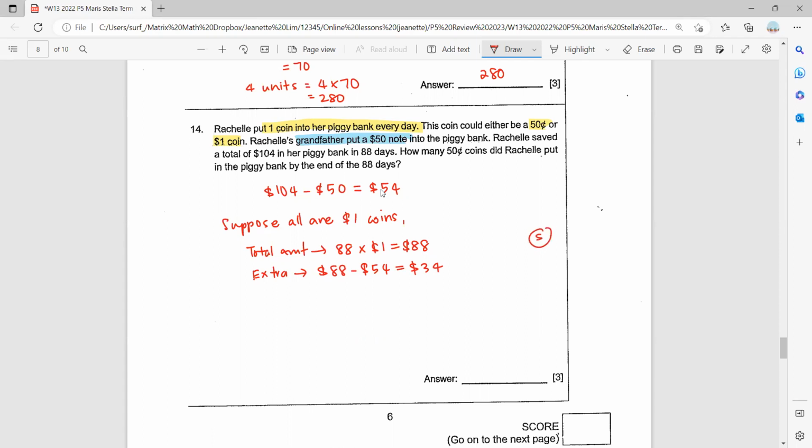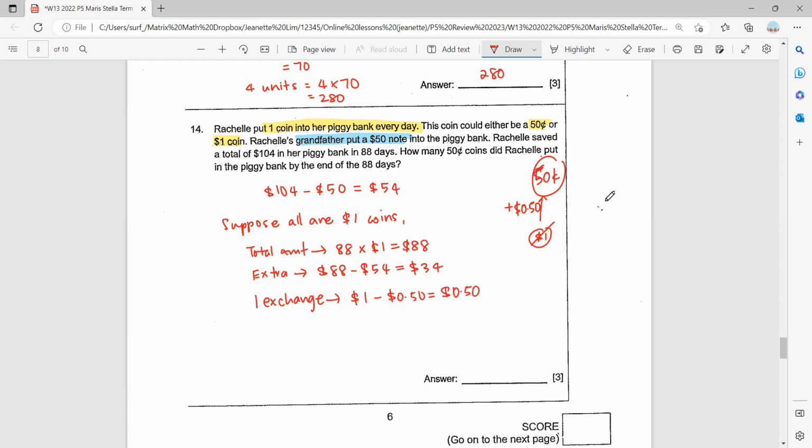If I have a $1 coin, I exchange it for a 50-cent coin. What happens in one exchange is that I lose 50 cents, which is actually the difference between $1 and 50 cents.